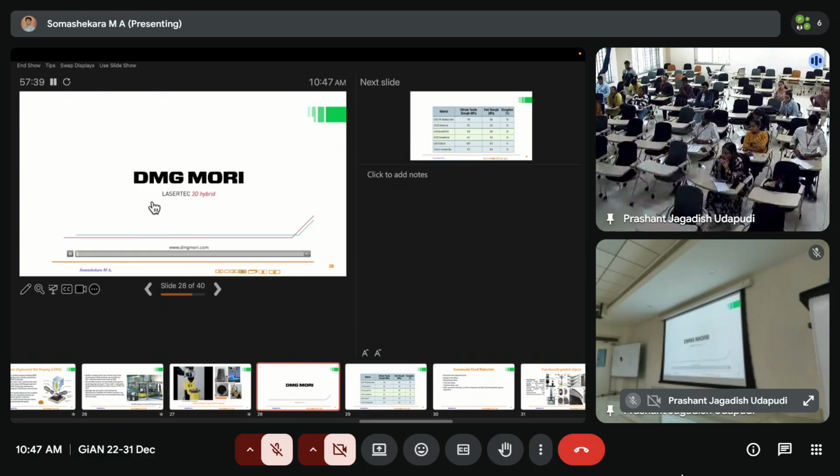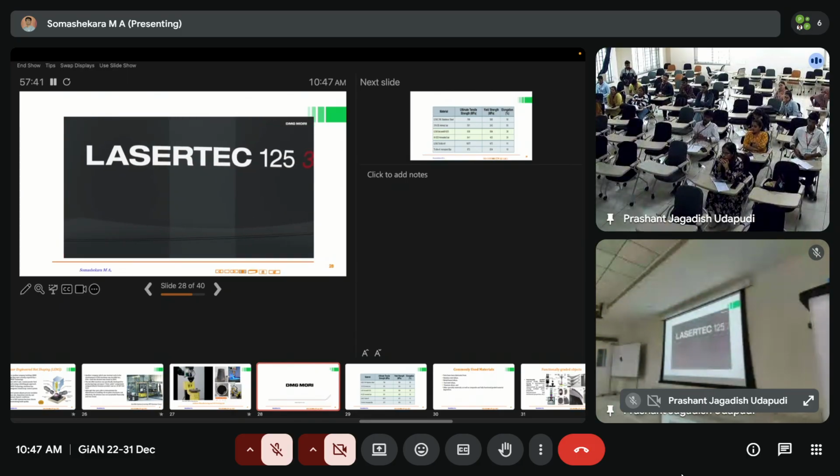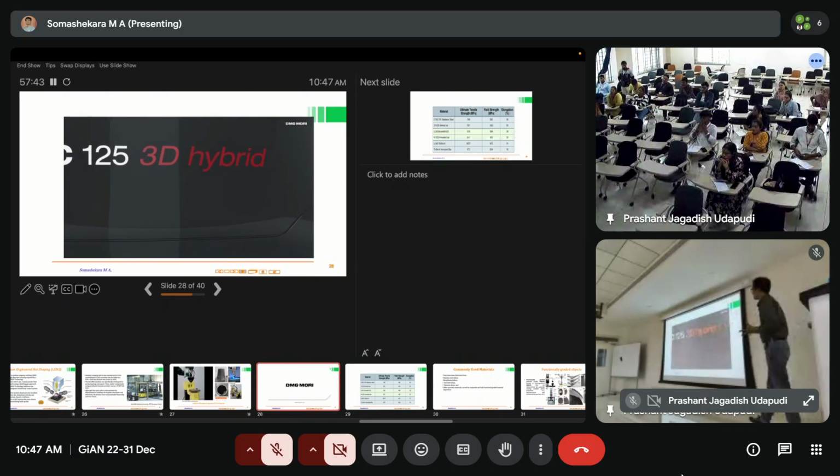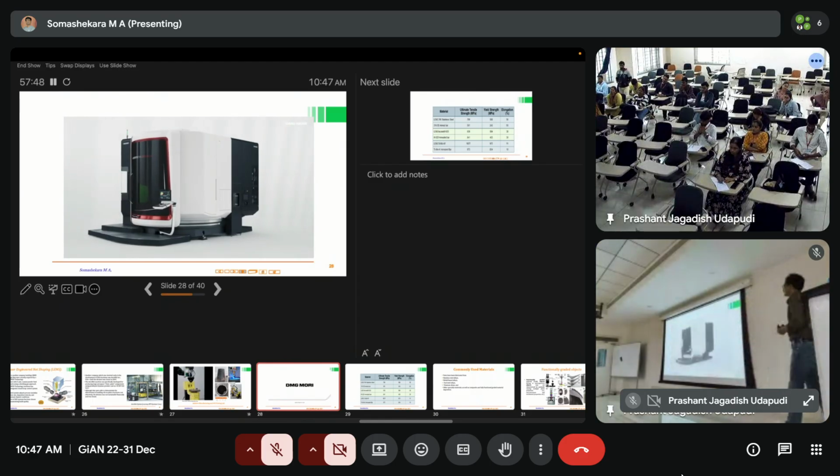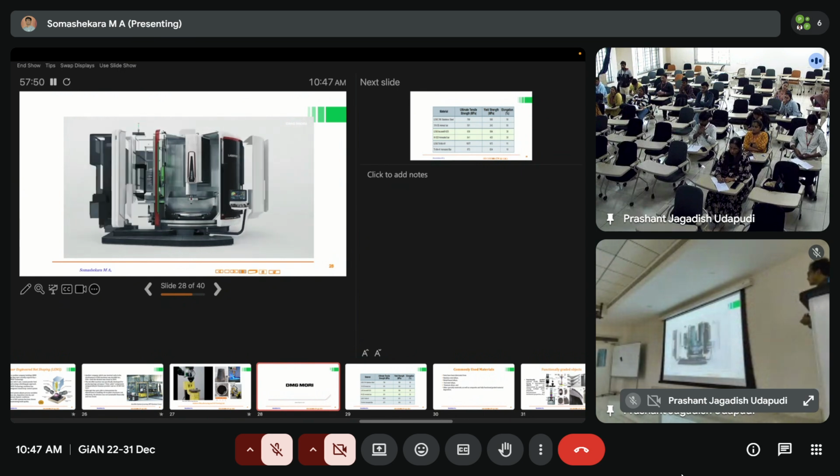So this is the DMG Mori, which is a very good machine in terms of making large scale components. Especially they also do a lot of hybrid technologies.